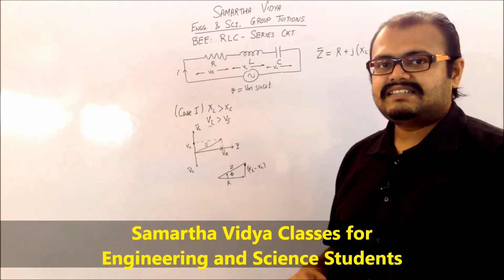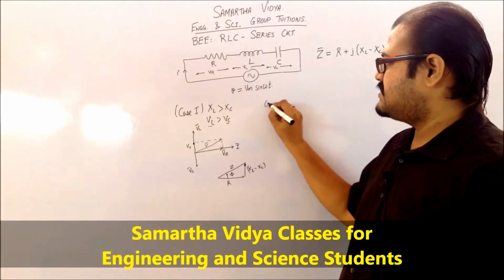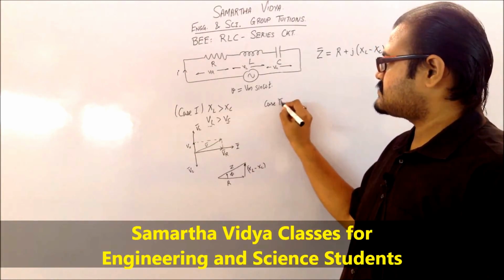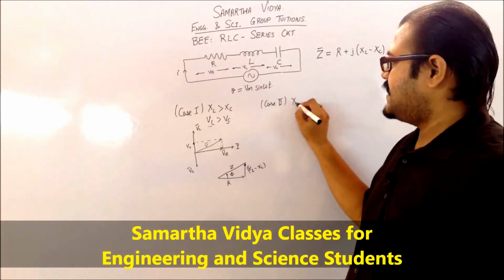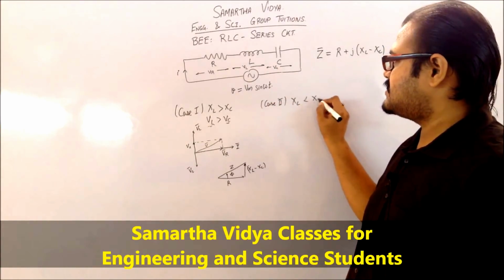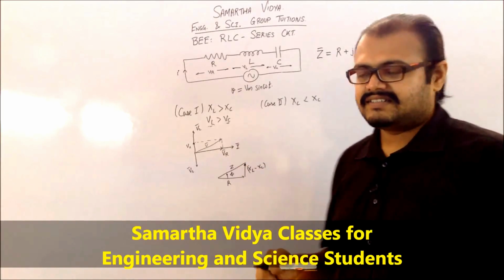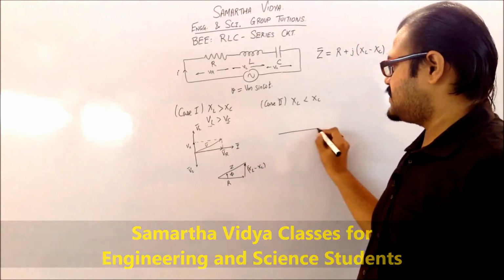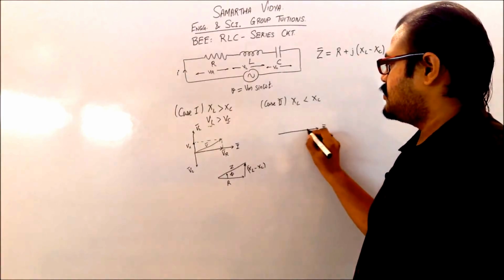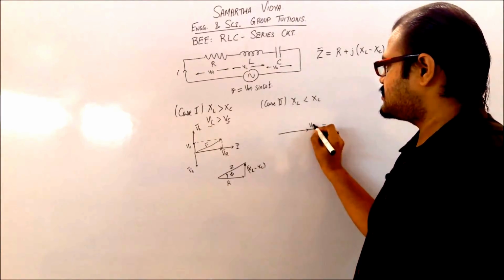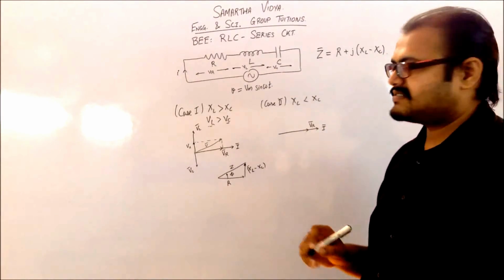Going on to the next case, the second case obviously will be when your XL is going to be less than XC. So when you are doing the analogous thing in this case, obviously we will be starting with our current, with the VR which is going to be in phase with the current.